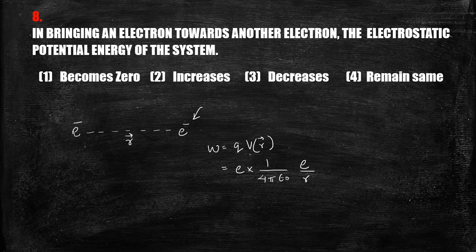That is, potential energy is equal to 1 by 4 pi epsilon 0 into e square divided by r. Therefore, the potential energy of the system increases and its magnitude is approximately the above given expression. Therefore, option 2 is the answer.